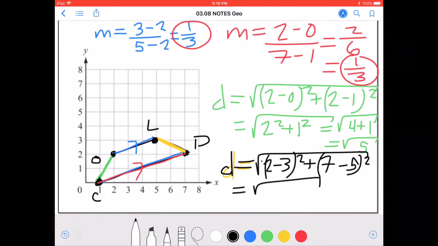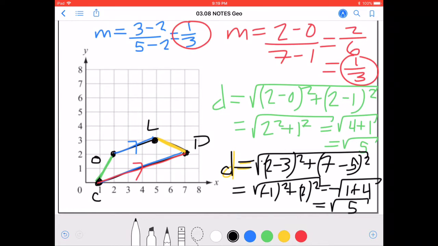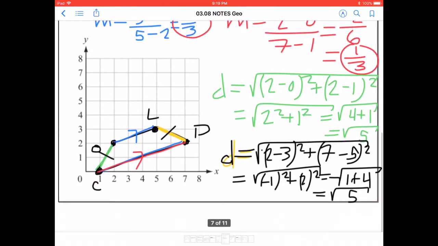So we get 2 minus 3, which is negative 1 squared plus 7 minus 5, which is 2 squared. So inside our radical, we get 1 plus 4. We do get that these two sides are equal to each other, so that does mean that we have an isosceles trapezoid.